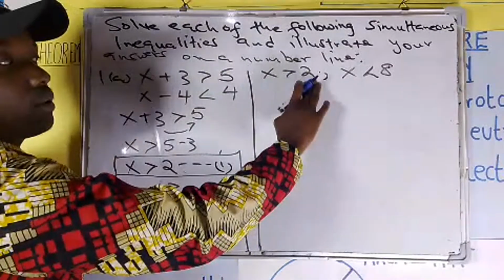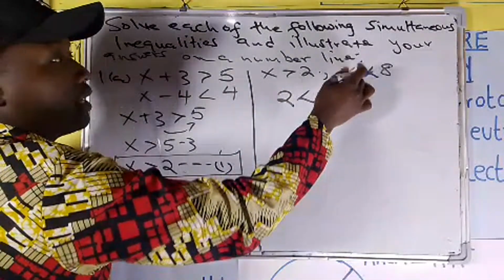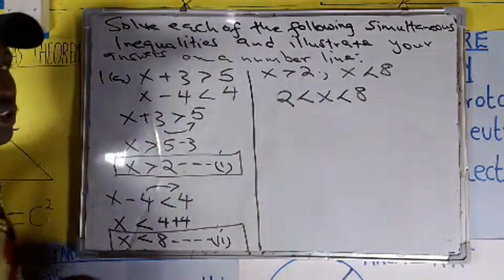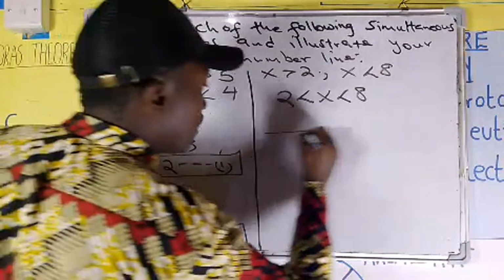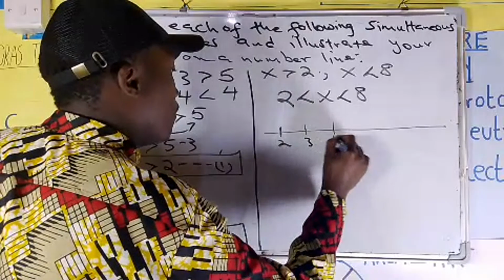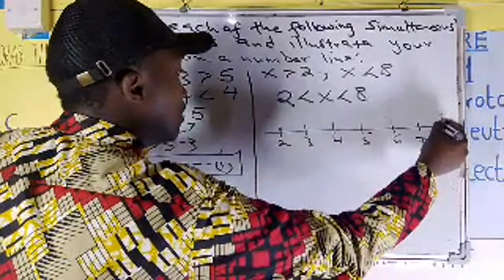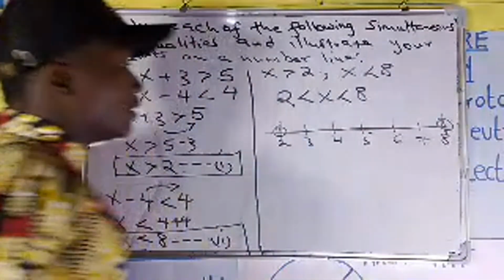Tulisema ukicombine tunaweza anza na hii. This one is the same as 2 is less than x. Nayo hii x is less than 8. Na venye tumeishikanisha. So tukiishikanisha hivyo, chora number line 2, 3, 4, 5, 6, 7, 8. Hapo na hapo. Na iko hapo katikati.